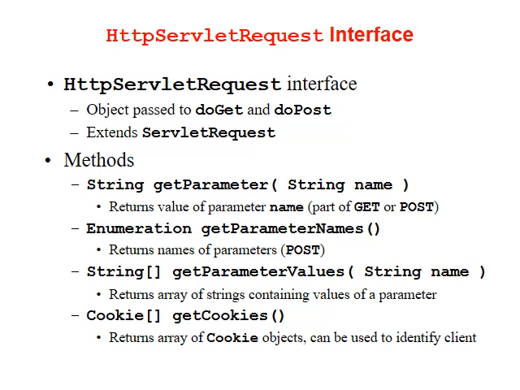The very first one is getParameter. It takes a string value as parameter, and it returns the value of the parameter name that is part of get or post. Enumeration getParameterNames is used to return the names of parameters. String array getParameterValues takes the string parameter name and returns an array of strings containing the values of the parameter.